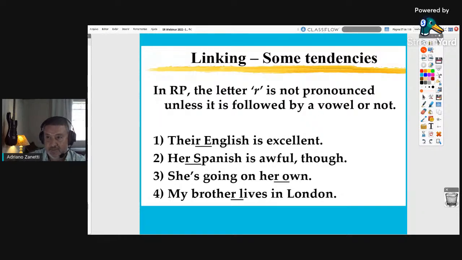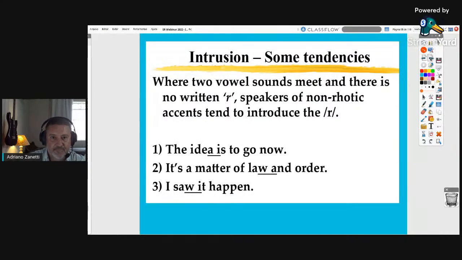And again, for Portuguese, this is kind of difficult for us because of our quality of the R sound. And that's what I mentioned, the non-rhotic. Where there is non-rhotic English, there is a tendency to intrude an r sound here.